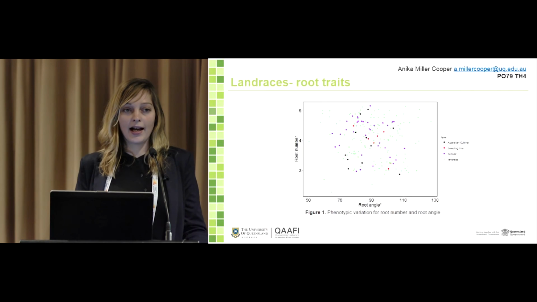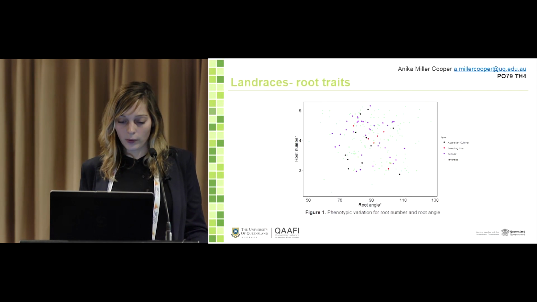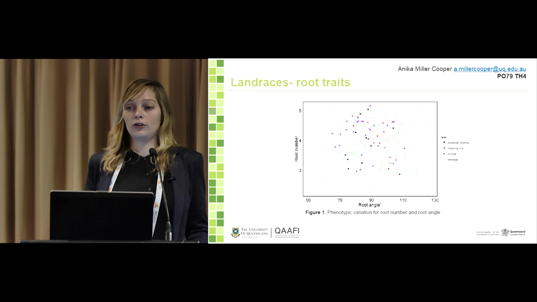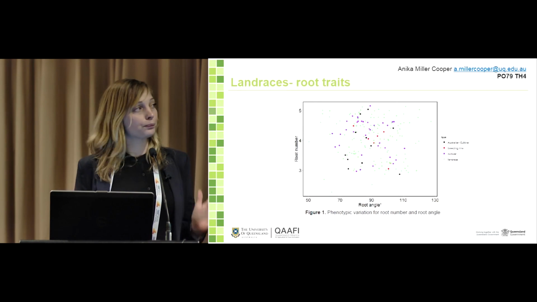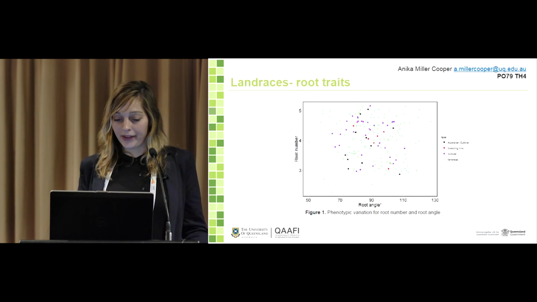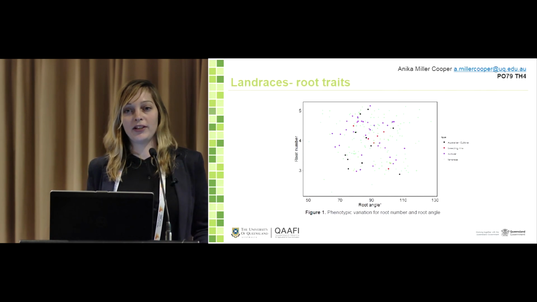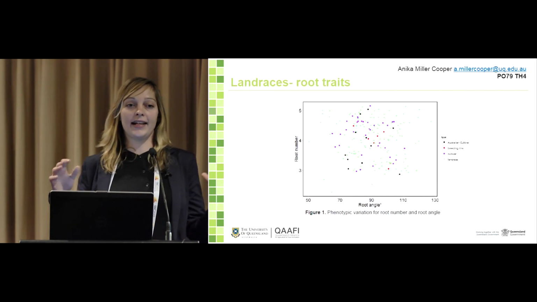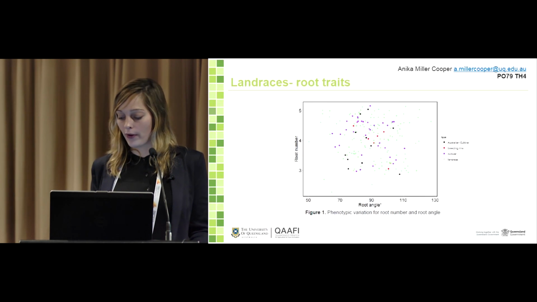And this panel has been evaluated for root traits. This is Annika's work. This is the angle and the number. The green dots represent the landraces, and the other dots represent some cultivars. It shows that the landraces actually had a wider variation for both angle and number.